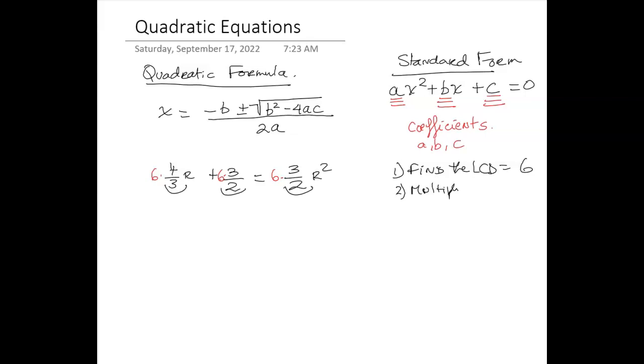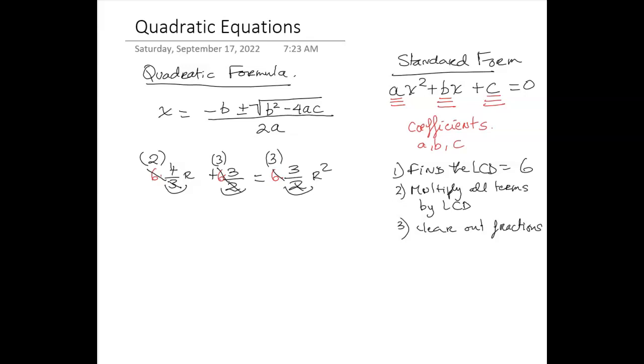Okay? So the second step was to multiply all terms by the LCD, which is 6. Then the third step is to clear out the fractions, meaning we want to get rid of the denominators. How do we do that? We take the LCD and divide it by the denominators we see here. 6 divided by 3, 2 remains. 6 divided by 2, 3 remains. 6 divided by 2 again, 3 remains.